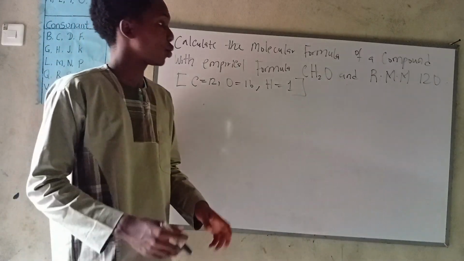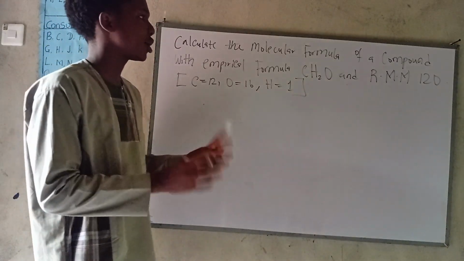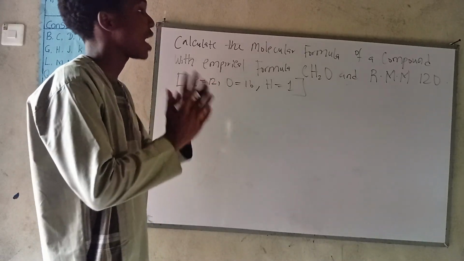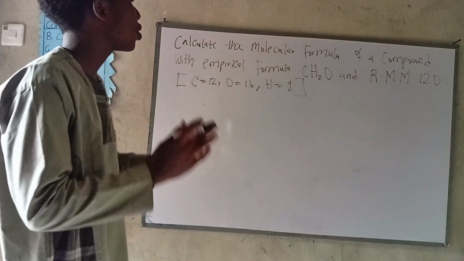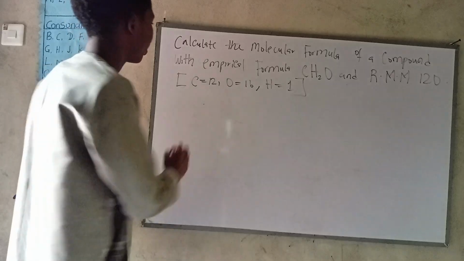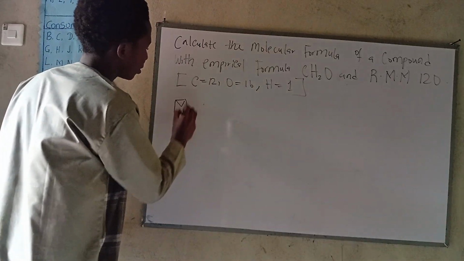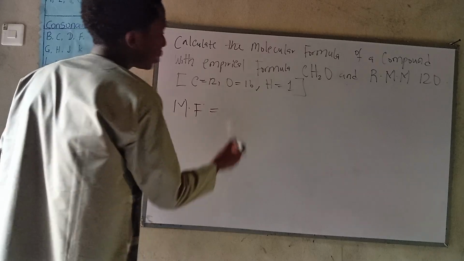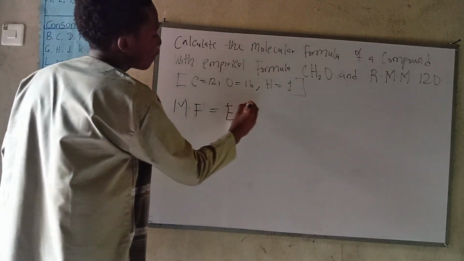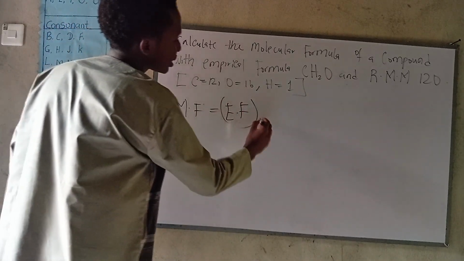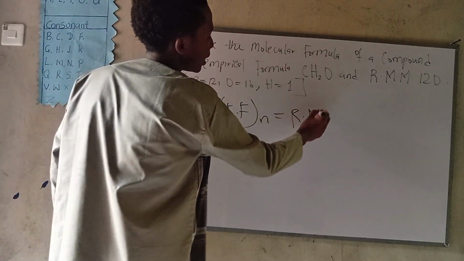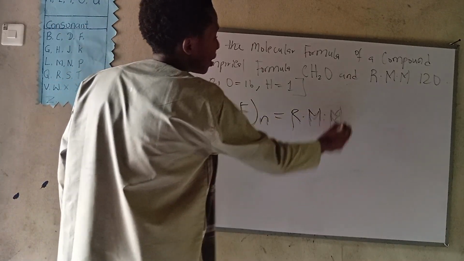Okay guys, question 3. Now, when we see a question like this, it is the sweetest because almost everything has been solved for us. So now what do we do? We use our normal formula. Molecular formula is equal to the empirical formula raised to n, where n is equal to our RMM, that is the relative molecular mass.